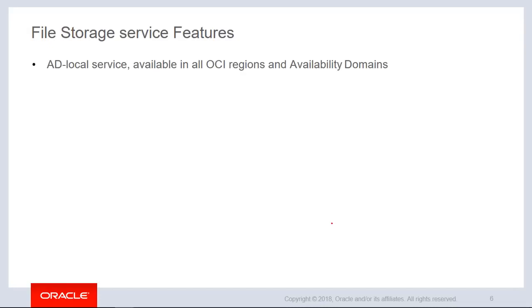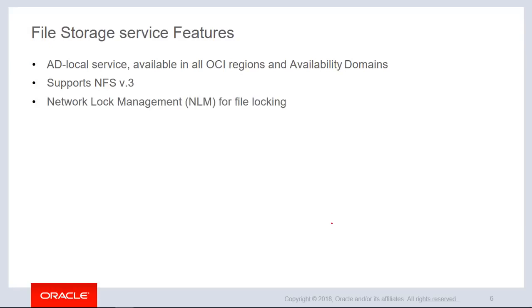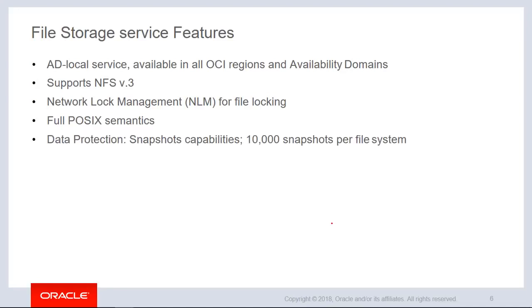What are the key characteristics, the key features of the file storage service? The first thing is the service is AD local. It's an AD specific service, so it resides in an availability domain. Currently it supports the NFS v3 protocol with support for things like file locking and full POSIX semantics.